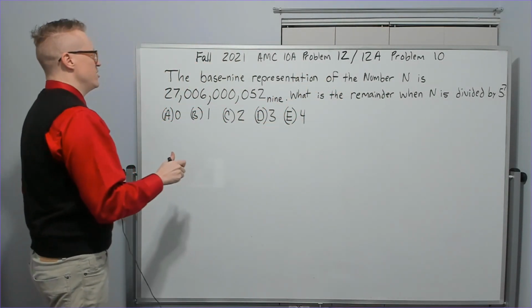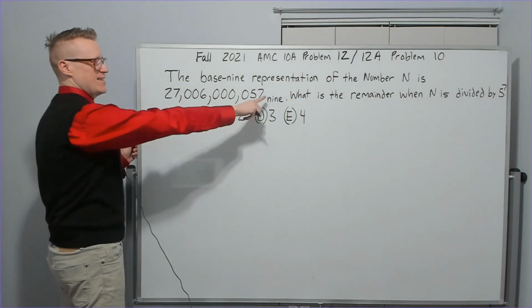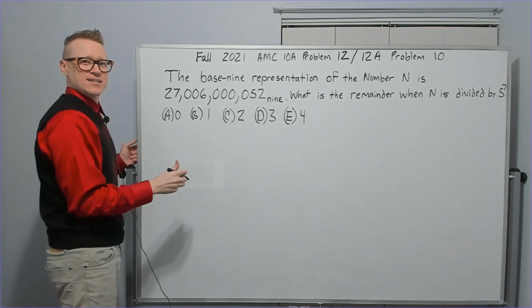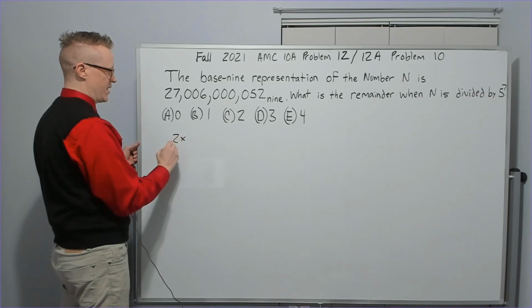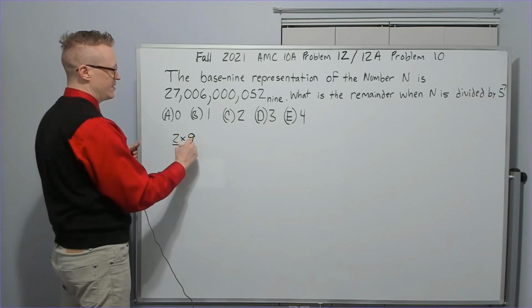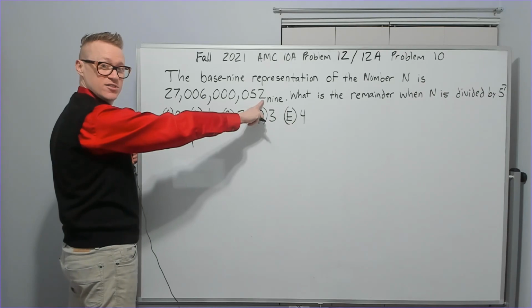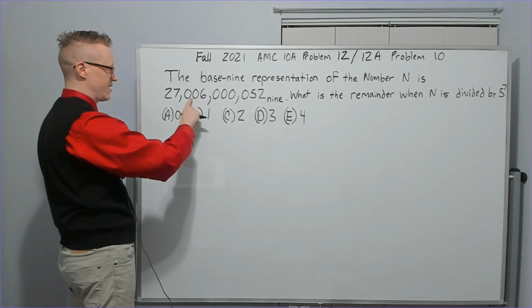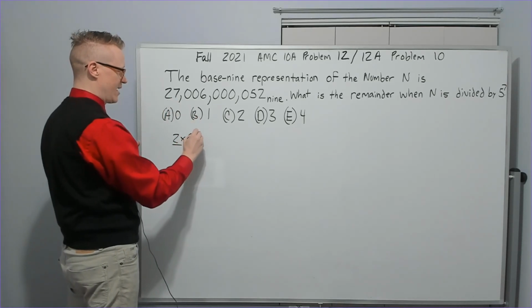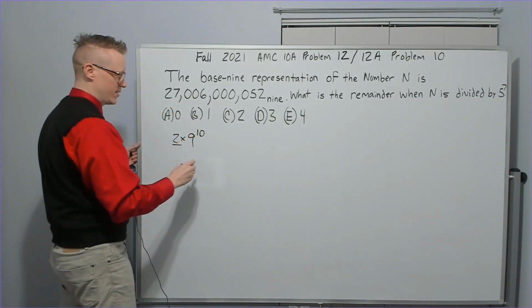Okay, so first, why is it in base 9? It's so that you can write it like so. 2 times 9 to the power of, this is the 9 to the power of 0 place, 1, 2, 3, 4, 5, 6, 7, 8, 9, 10. It's 9 to the power of 10, okay?